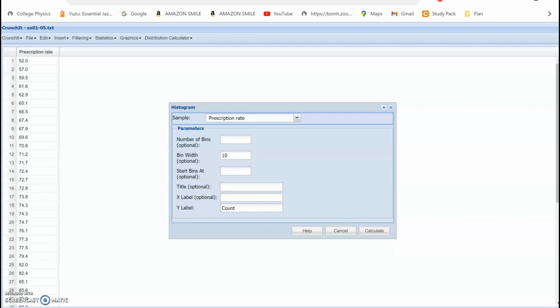So for example, if the interval starts at 55, then it ends at 55 plus 10, 65. So 55 is called the lower bound and 65 is the upper bound.